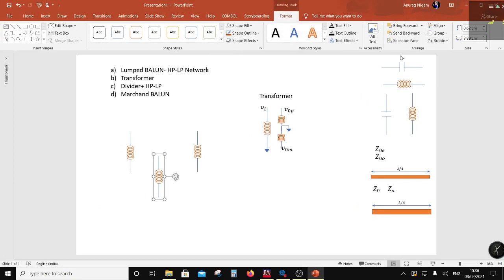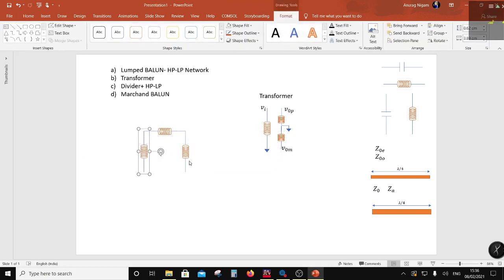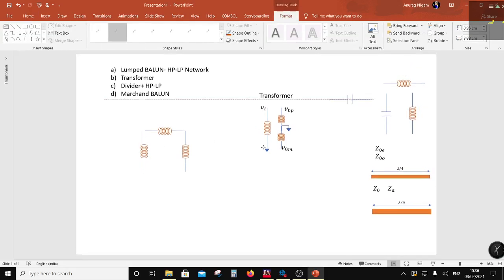So I'm going to do a high pass low pass network, right? And then there are two capacitors. So let me further reduce the size to half the value.